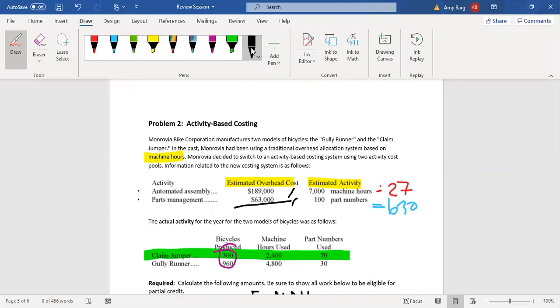So if we just go ahead and add the 189 and the 63, we'll get 252,000 was the estimated total cost. And we know how many machine hours we're looking at, right? It tells us right here that there were 7,000 machine hours.